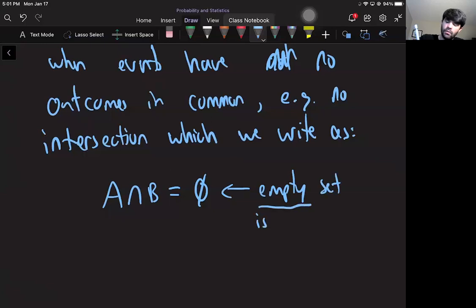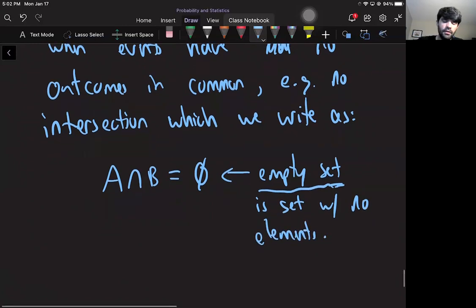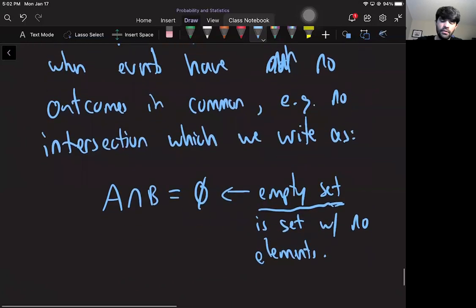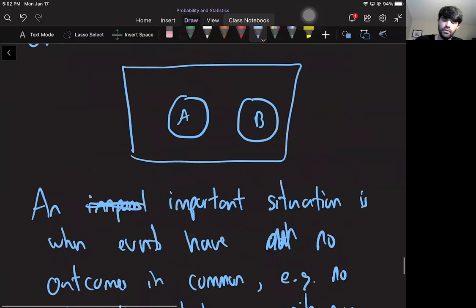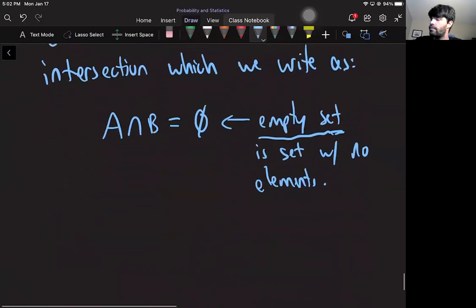And it's the set with no elements in it at all. So it has nothing in there. And so when you write this, you're saying that the intersection is the empty set because there's nothing in the intersection, which is exactly what this picture is drawing. There's nothing in common.